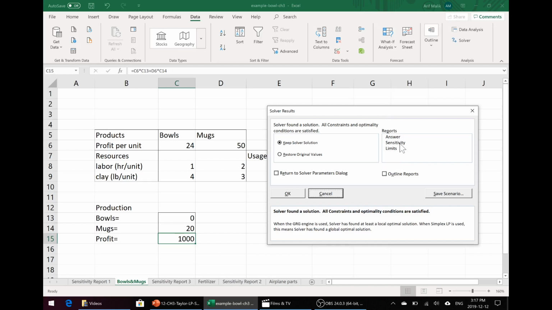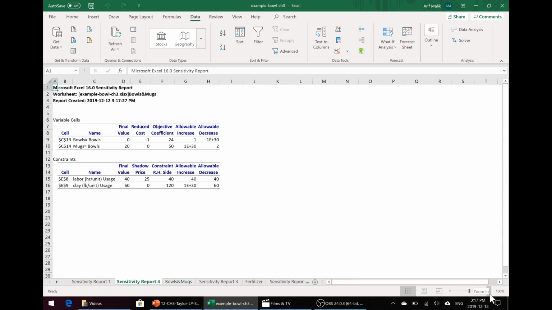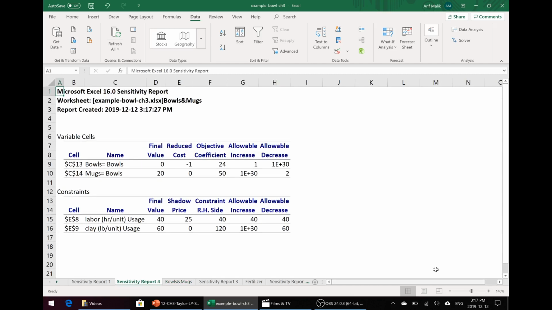Let's see the sensitivity of this one. Sensitivity analysis, go to this and I will show you the reduced cost now. We say OK, and we have a new sensitivity report here, and let me make it bigger. Now we see that the final value of bowls has become 0, the objective coefficient is 24, and the reduced cost is telling us -1.